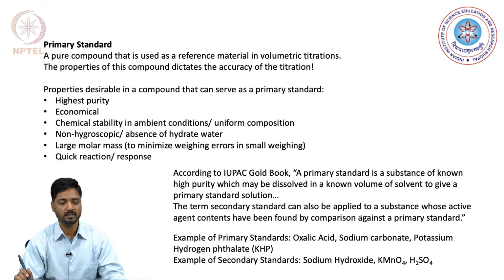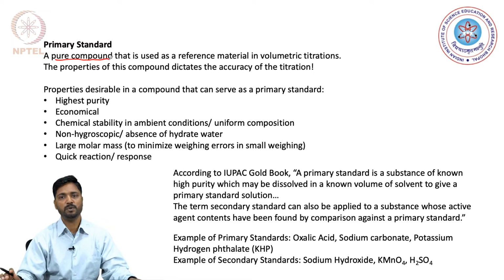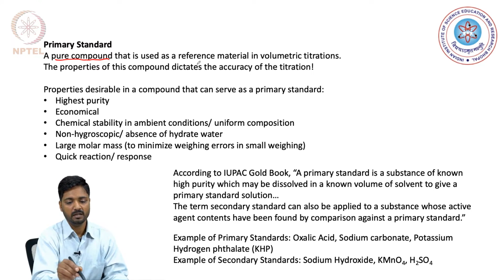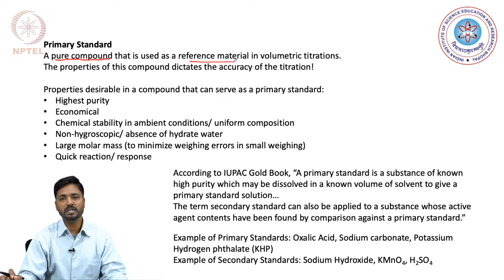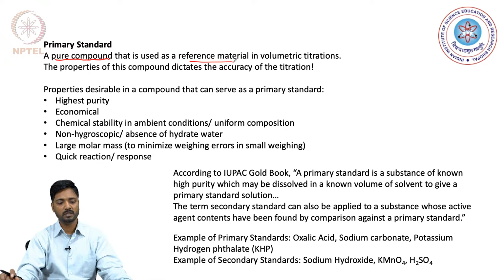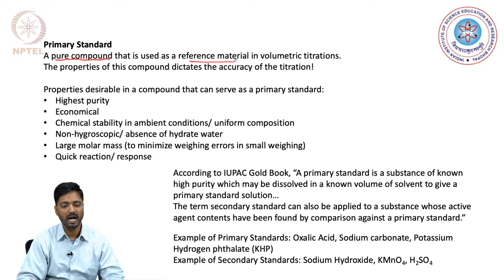A primary standard is a pure compound. Obviously a standard has to be a pure compound or a compound of high purity, and it is used as a reference material in volumetric titrations or any analysis. And the properties of this compound, the primary standard, dictate the accuracy of our titration. So we would want our primary standard to have certain desirable properties.